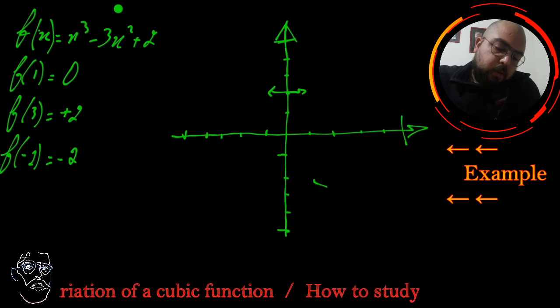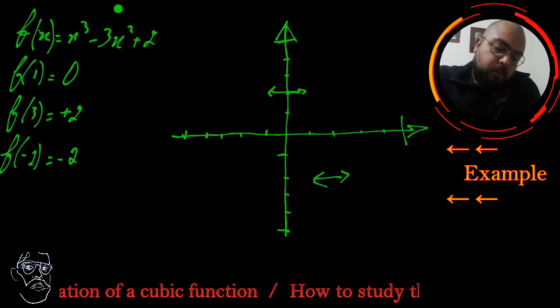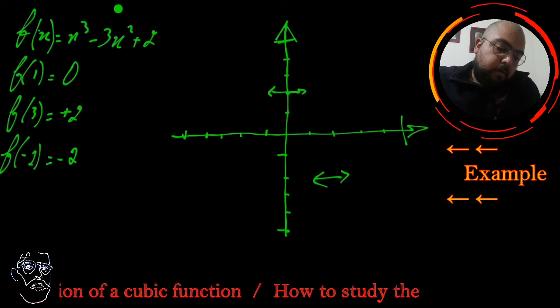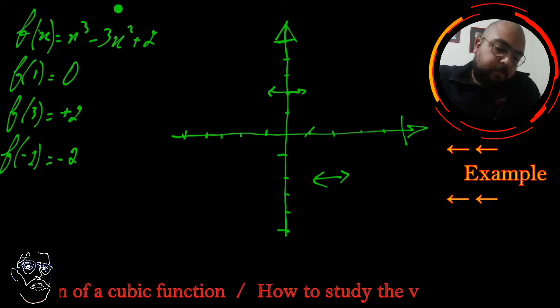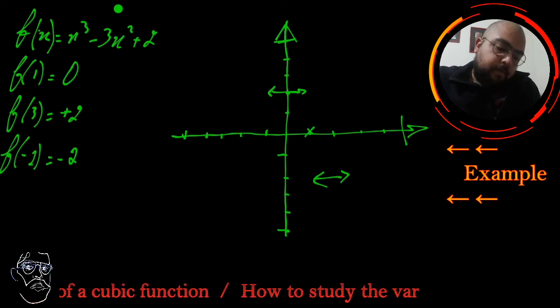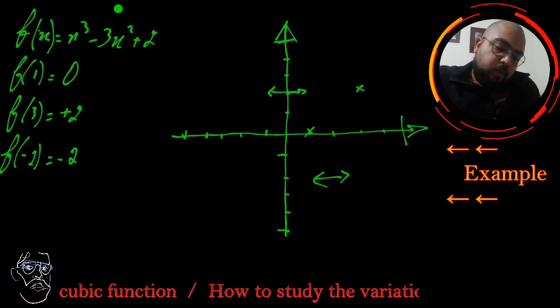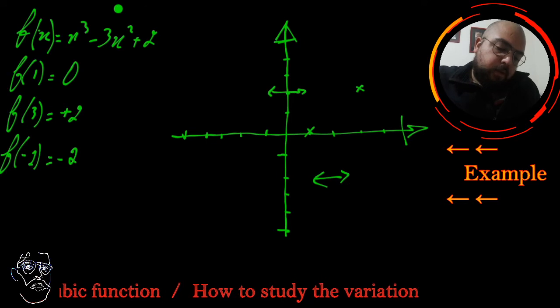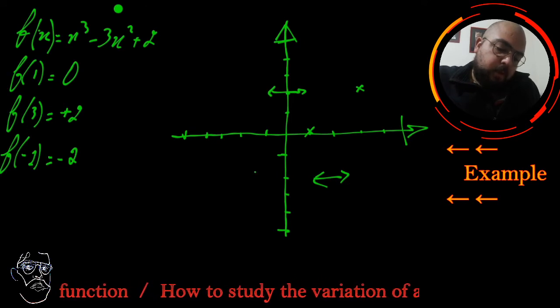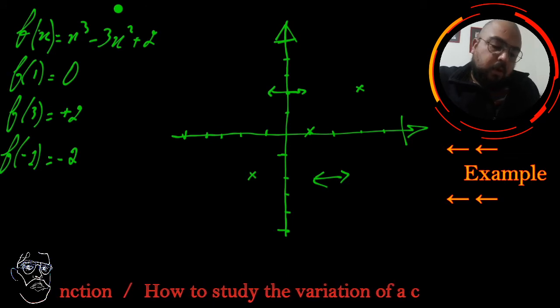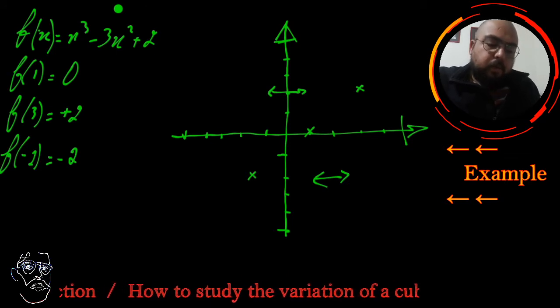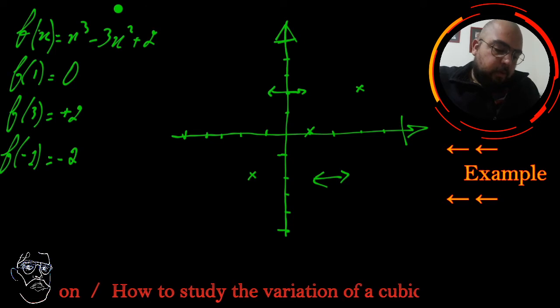So this is the minimum. And then f of 1 is 0. F of 3 is plus 2. F of minus 1 is minus 2, so it will be a point which is almost here. Since 1 minus 1, it should be a little bit further.